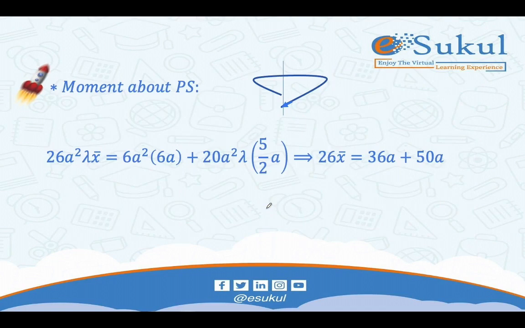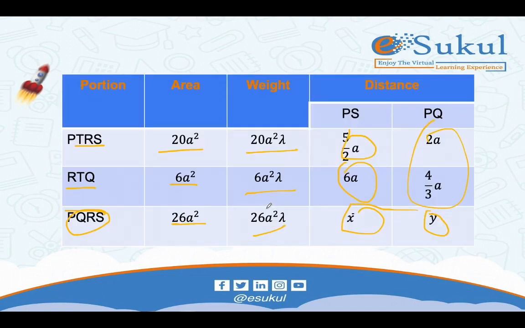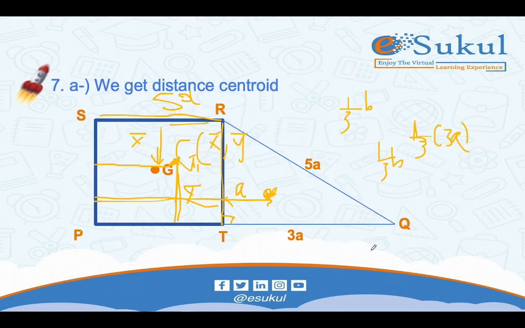So again, we come back to the box. We get the distance RTQ, which is this portion, the triangular lamina, and it will have as value 4A on 3.